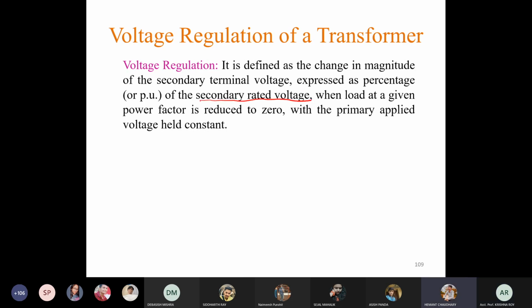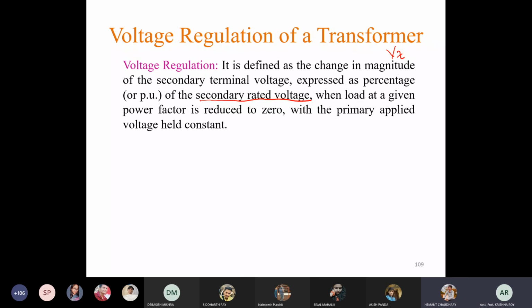And what is the condition when there will be this change in terminal voltage? If you reduce the load connected to the secondary side to 0. So let us consider that when some load is connected across the secondary side, the terminal voltage is Vt.